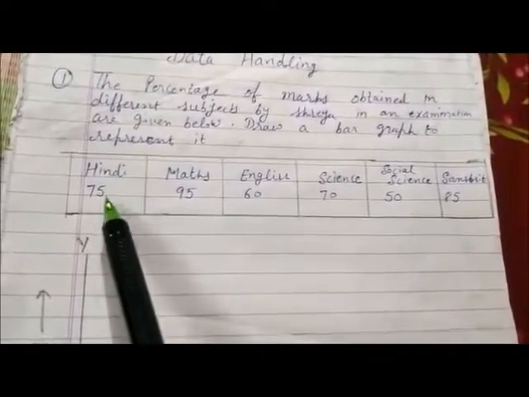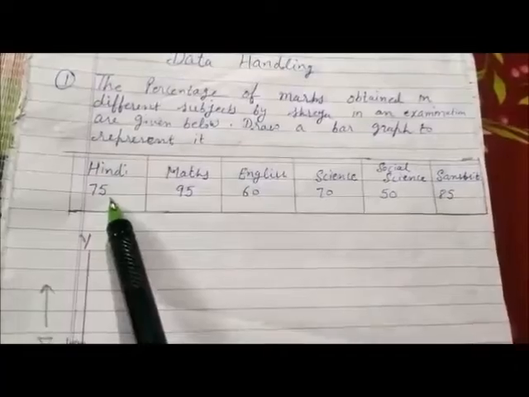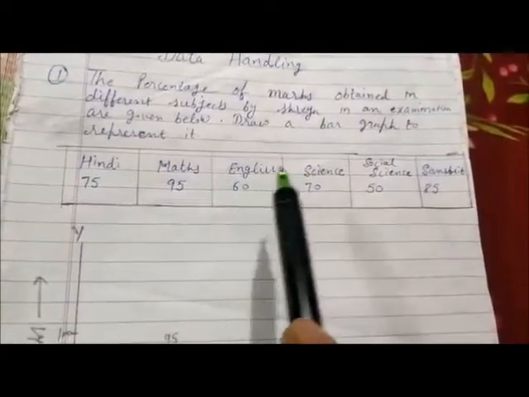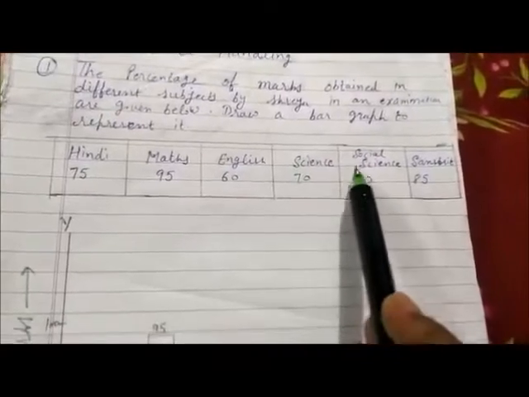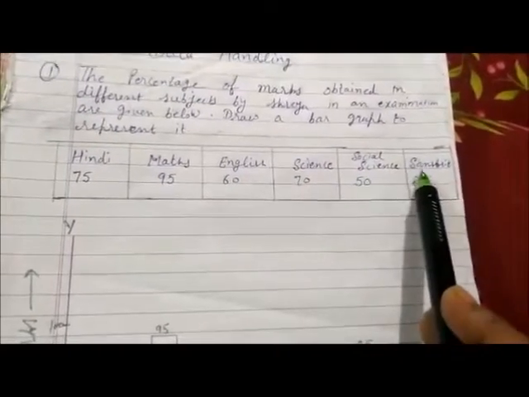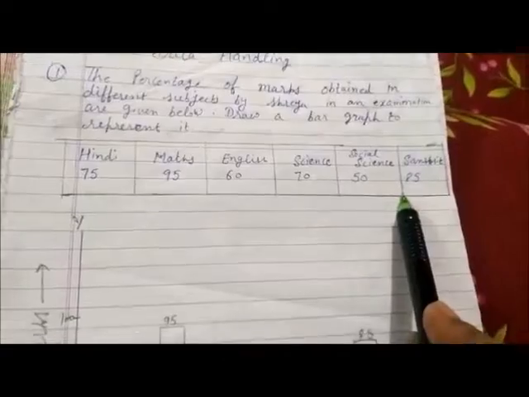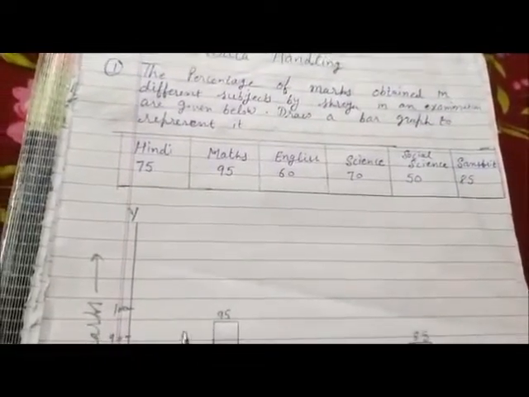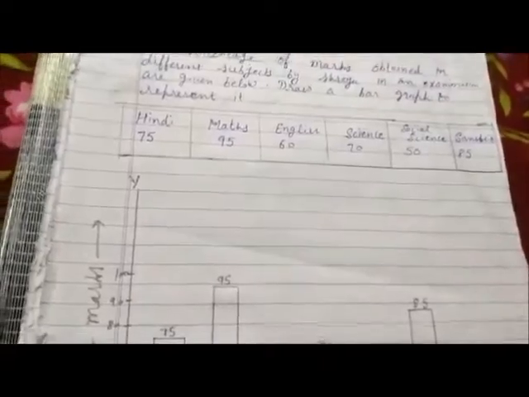In Hindi, she has got 75 marks, Maths 95%, English 60%, Science 70%, Social Science 50%, Sanskrit 85%. Now we have to draw a bar graph and represent the marks on it.